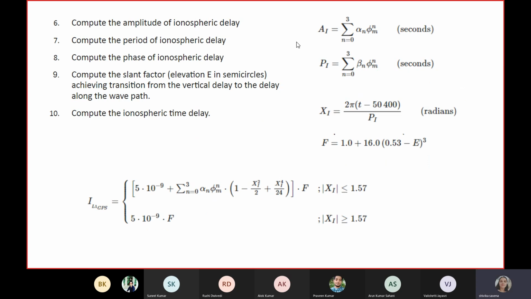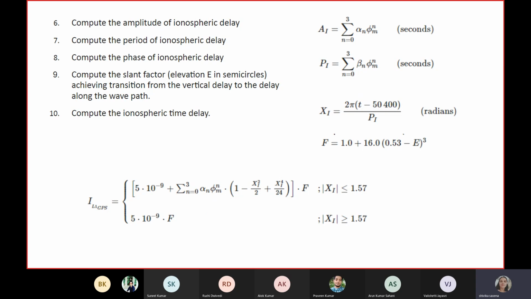Next, the model for the vertical ionospheric delay, where amplitude and period are represented and calculated using those 8 coefficients in the broadcast navigation message.